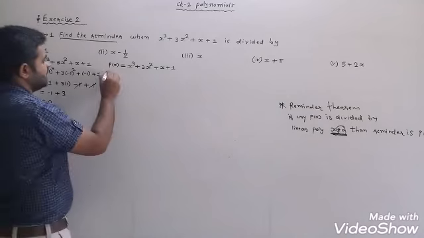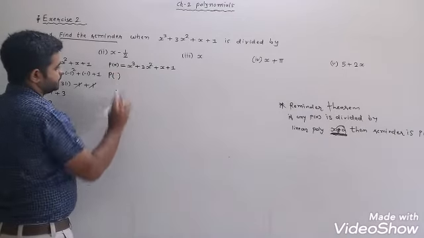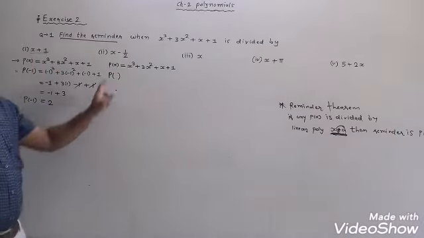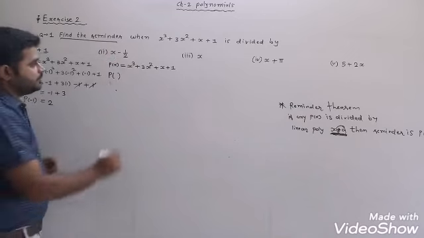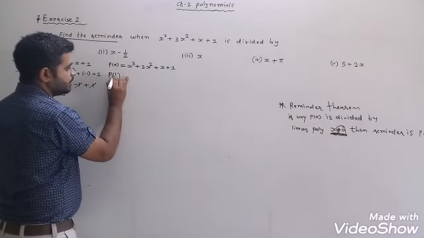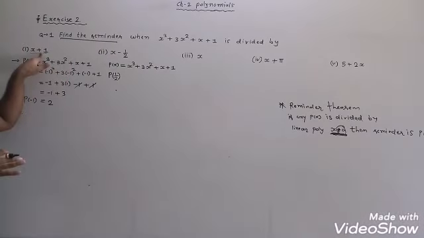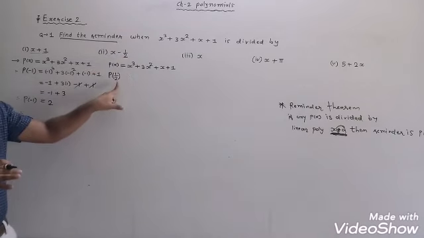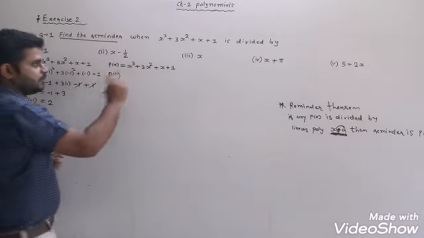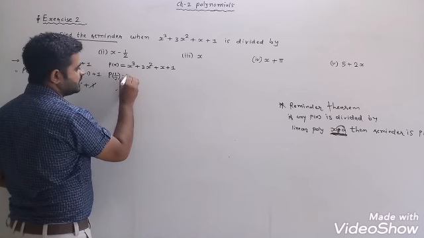Now, what is the value of x here? Here it is minus 1 by 2, so here it is plus 1 by 2. Clear? Here it is plus 1, then here it is minus 1. So I have to put the value of x as 1 by 2.